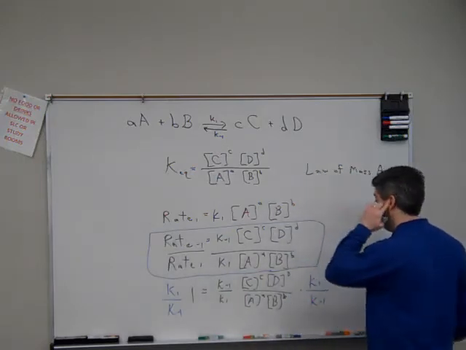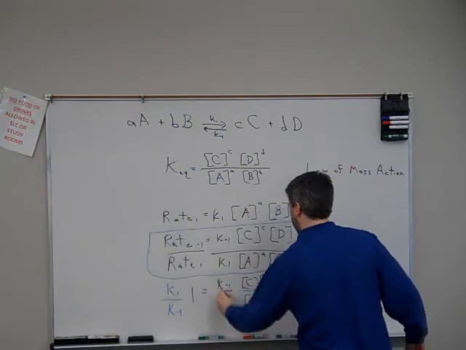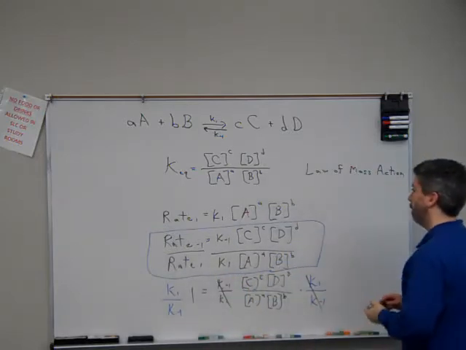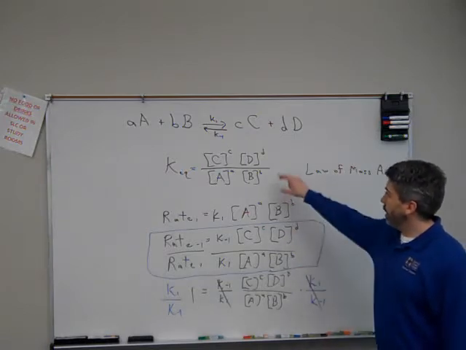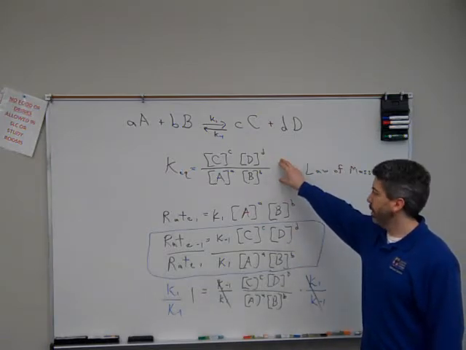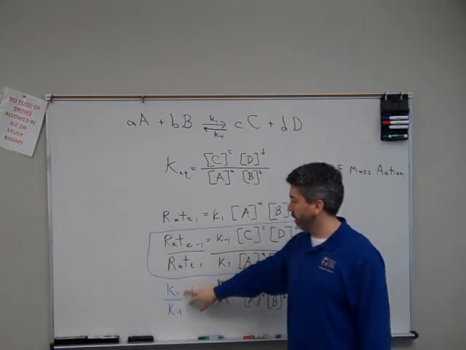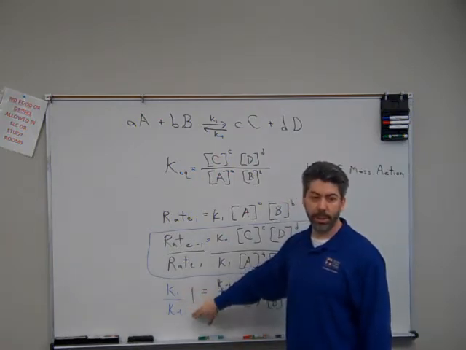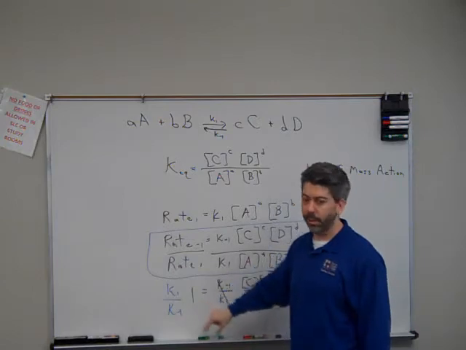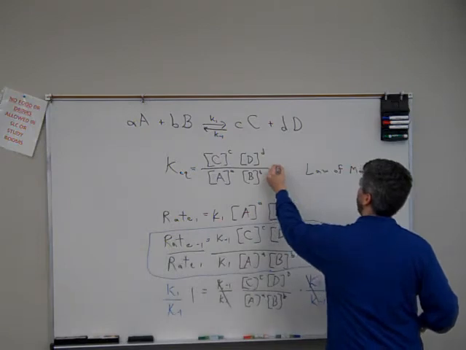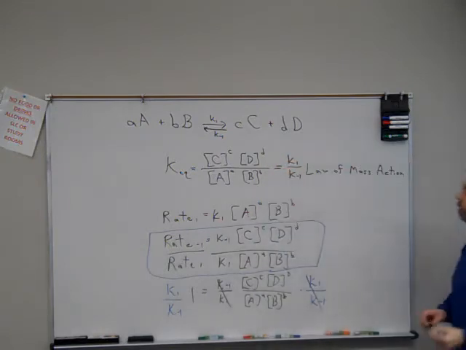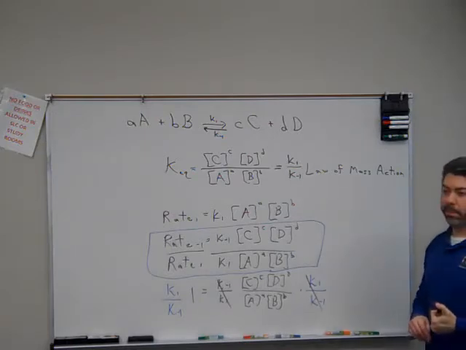And that effectively cancels this. And you see that, in fact, the equilibrium constant here is equal to the rate constant of the forward reaction divided by the rate constant of the reverse reaction. So, K1 over K negative 1. Useful thing to keep in mind.